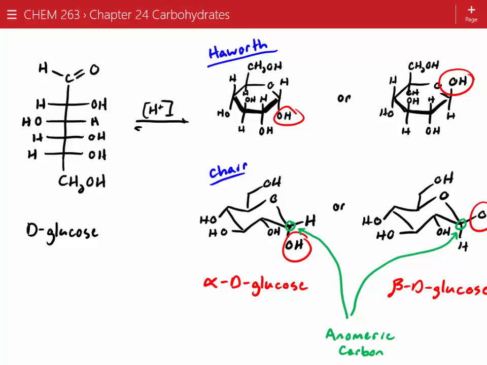I'm going to take this and I'm going to throw it in some water. What do you think is going to happen? It's going to unwind and then rewind up, and you'll get a 50-50 mixture again.